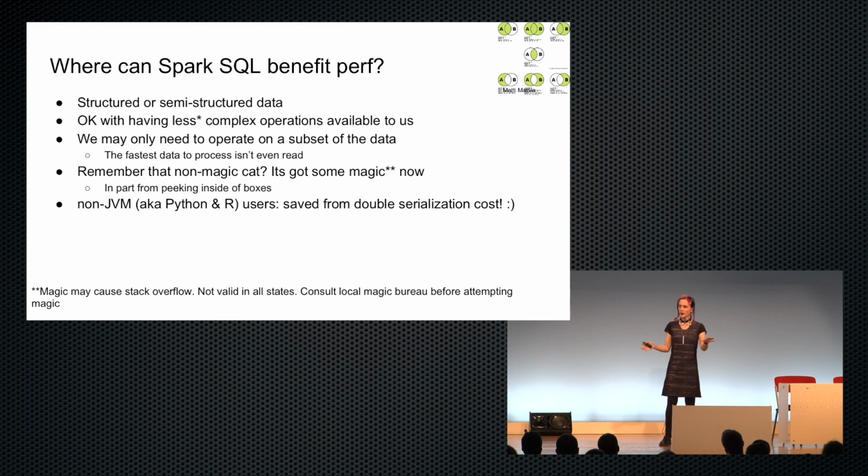Just checking, are there any heretics in the room that use Python or R? And I am one of those people sometimes. OK, there's 2. We should be friends, or at least keep the rest of them from murdering me. But for people that occasionally work in Python or non-JVM languages, DataFrames are incredibly useful because working with RDDs in non-JVM languages pays this really expensive serialization cost, and it's pretty ungodly.